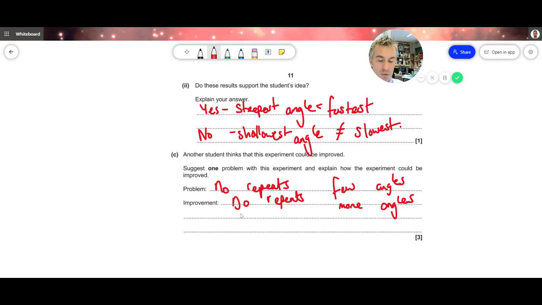What else could they do? Calculate average as well. So come up with an idea and say why it's better. I don't know how you get 3. So there we go.